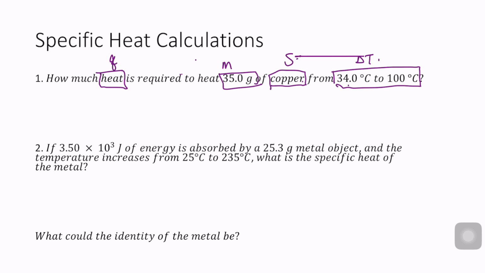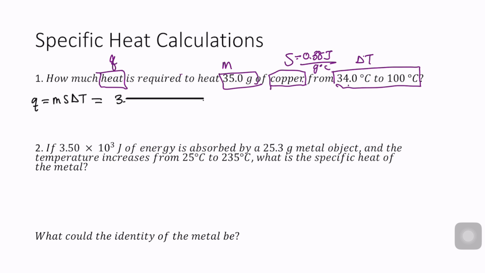So I can take that over here. S is equal to 0.38 joules per gram degrees Celsius. So this is a plug and chug situation where we have Q is equal to ms delta T. And the problem gives me my mass, so I can plug that into my equation.